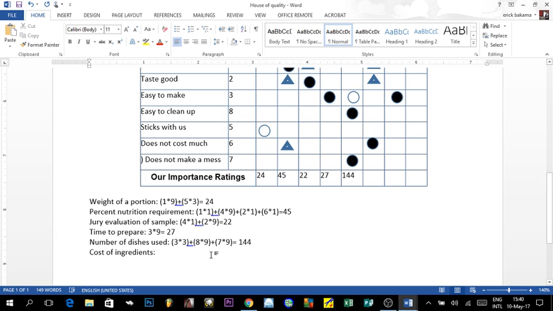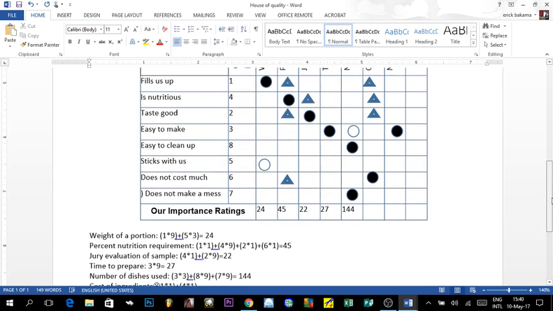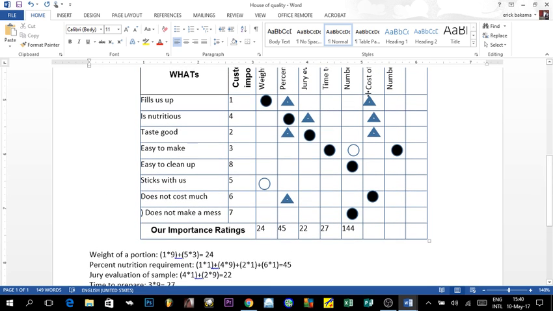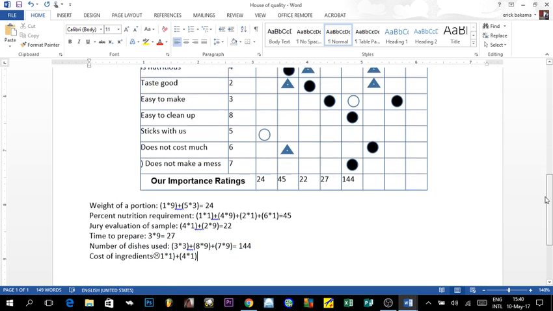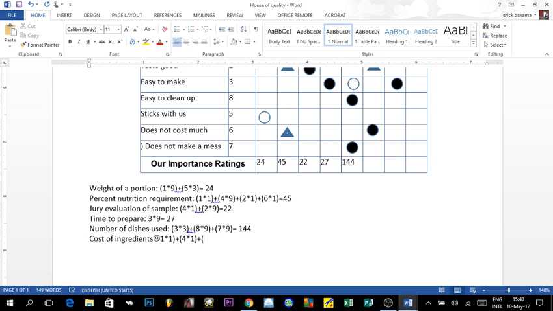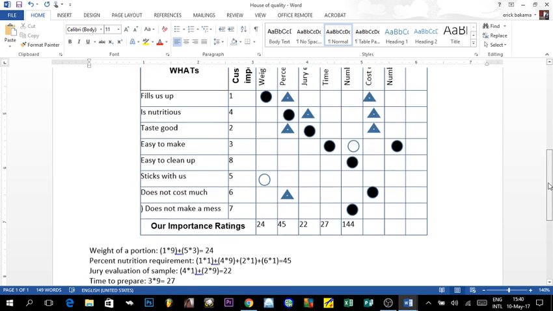So in this case we have 1 times 1 plus 4 times 1 plus 2 times 1, and then we add again.